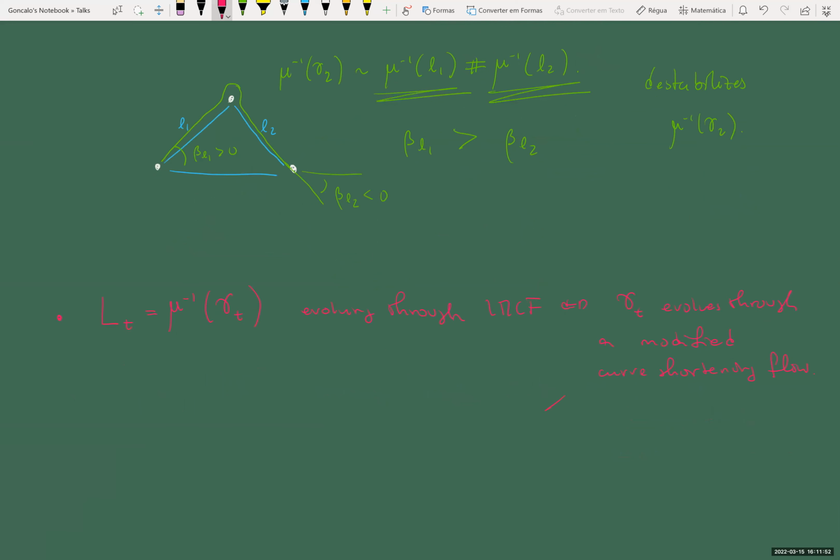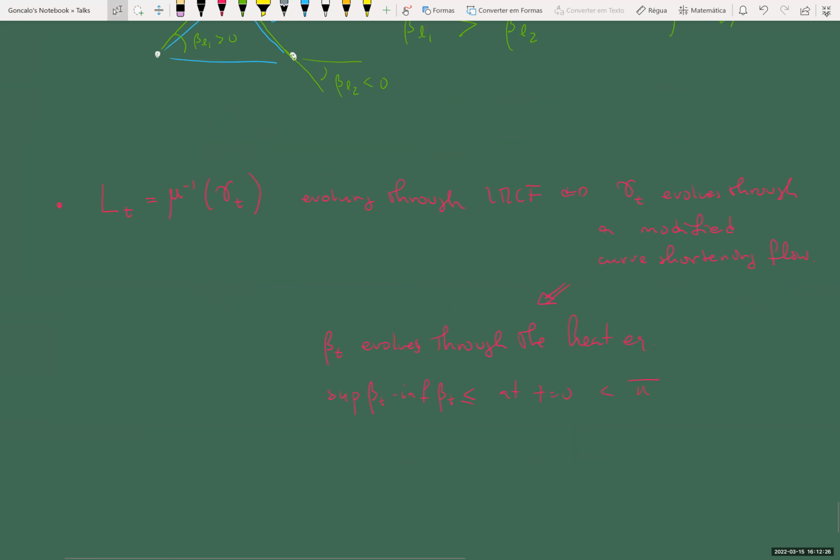And once you have that, the grading evolves through the heat equation. So its total variation in particular is non-increasing, so it remains almost calibrated. So sup beta t minus inf beta t is less than or equal to what it was at t equal to 0, which is then less than pi, and so L_t remains almost calibrated.